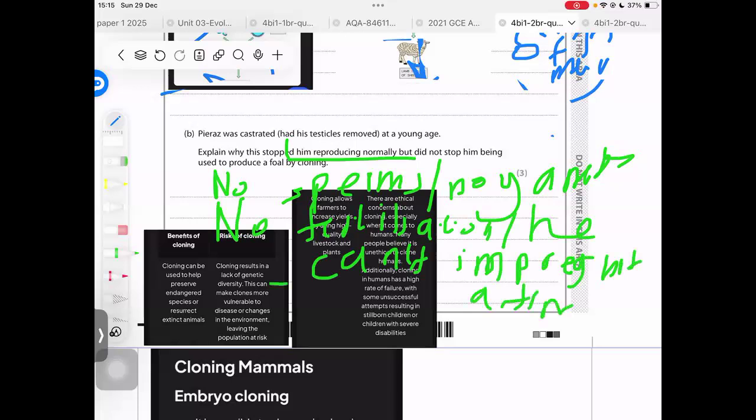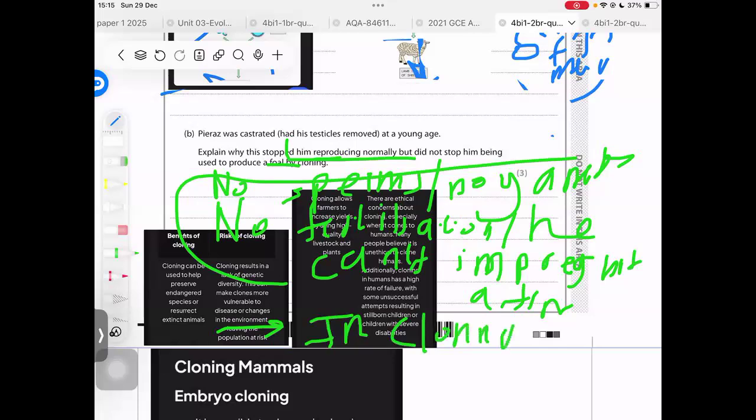So we have given the reasons why this has stopped him from reproducing normally. Now we have to give the justification why he still can reproduce by cloning. That is because in cloning you are using the normal body cells. In cloning, the nucleus comes from the body cells.